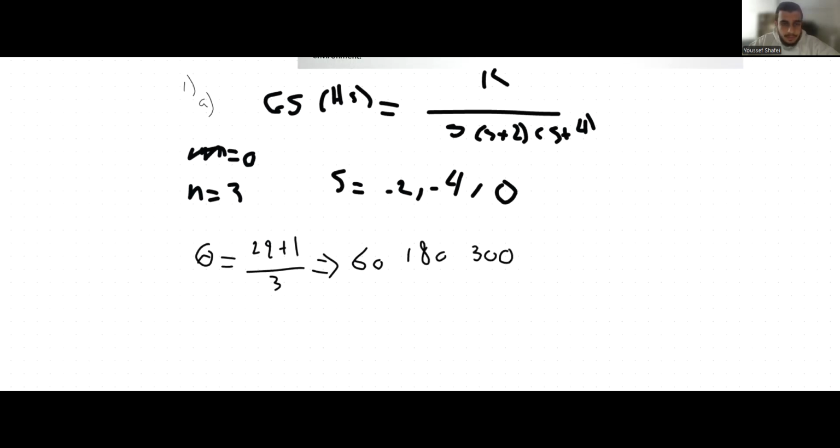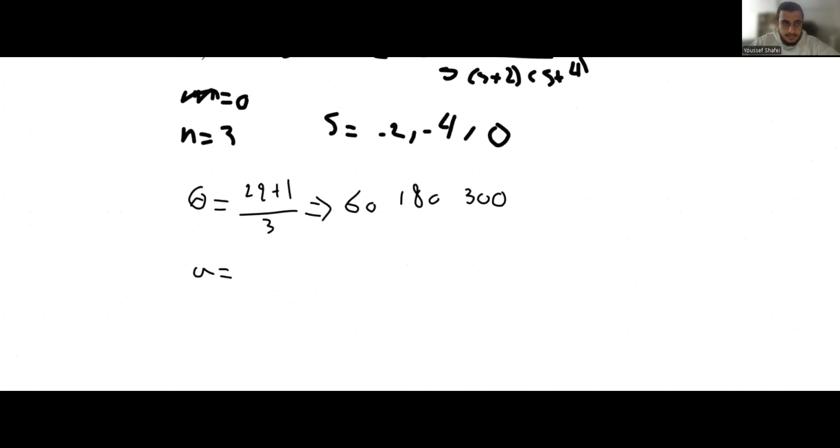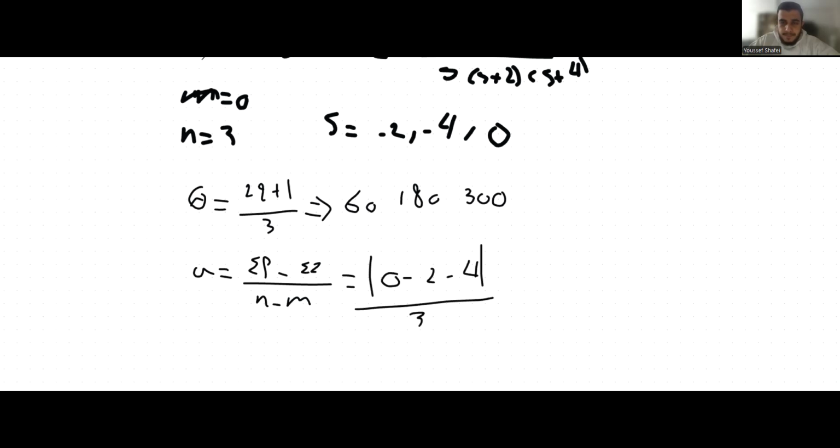And the centroid A will be equal to the sum of poles minus the sum of zeros over n minus m, which is 0 minus 2 minus 4 over 3, negative 6 over 3, which is negative 2.